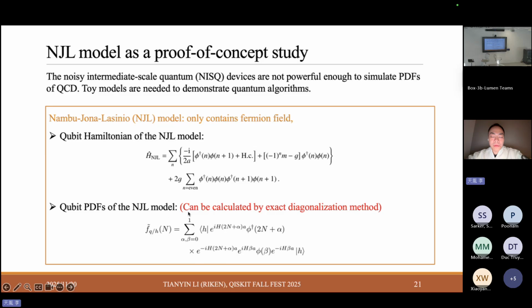This parton distribution function can be calculated by the exact diagonalization method. So we can use this exact diagonalization result to compare with our quantum computing results, and then we can test the performance of our quantum algorithm.